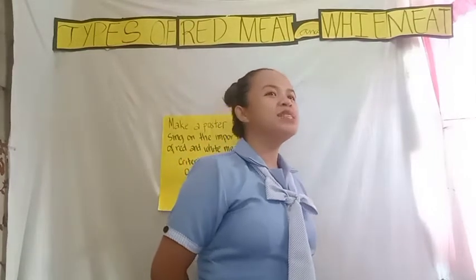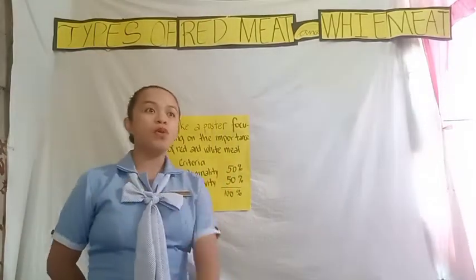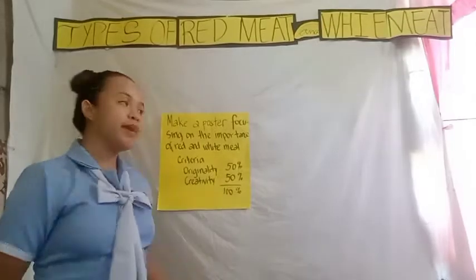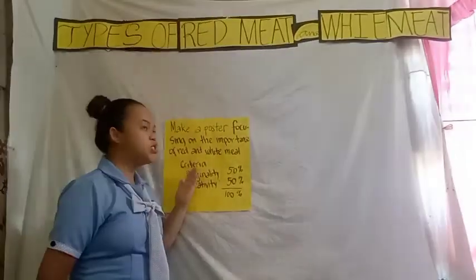So where will you put this assignment, Mr. Claro? Okay, very good. That is on a half white cartolina. So I want you to remember that this poster making has a criteria. The criteria is originality.